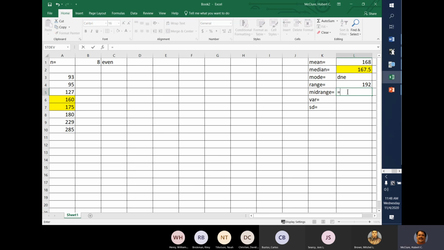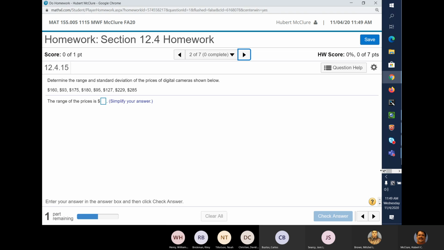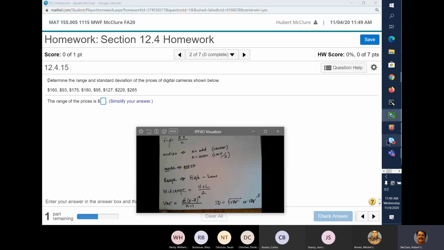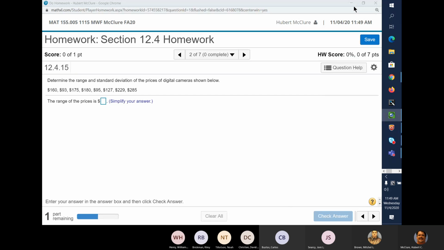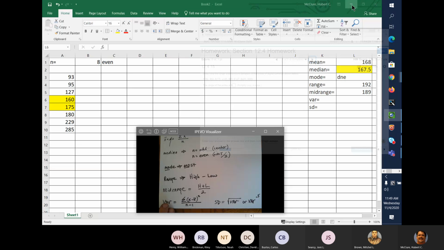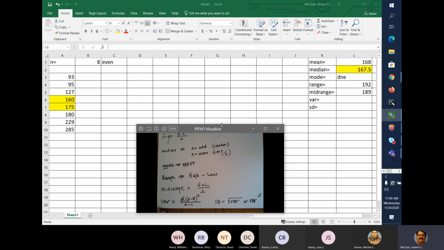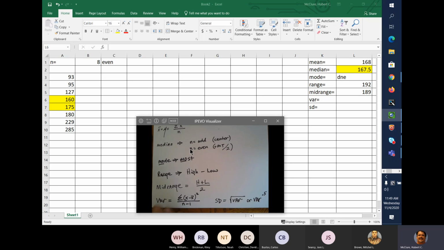Mid-range is equal to the highest plus the lowest divided by 2. So I just did those problems, and there's the formulas right there.